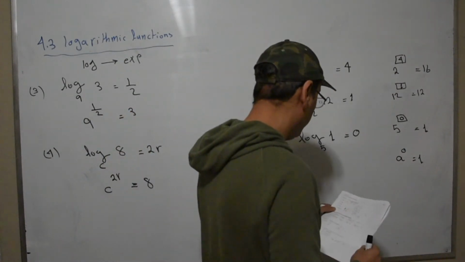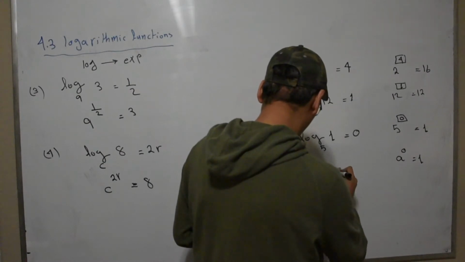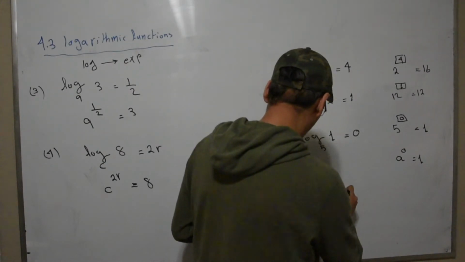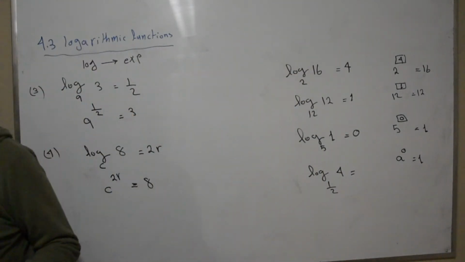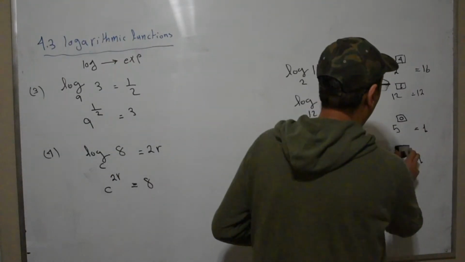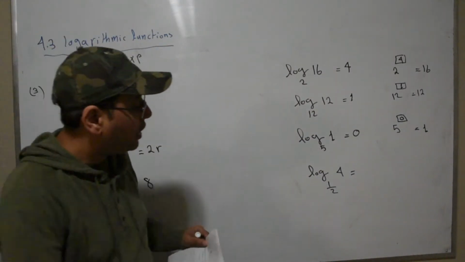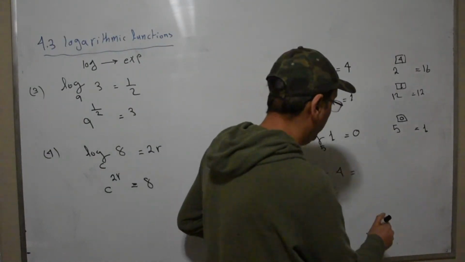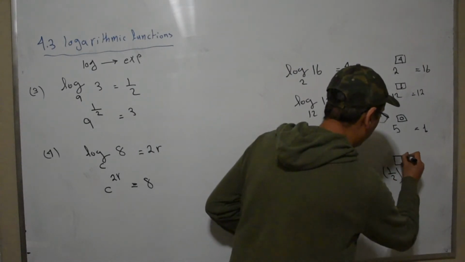Okay, let's get one more example, probably two more. Log base 1/2 of 4 equals what? I'm going to stop here for a second. I want to explain here. I'm looking for the exponent. So 1/2 to what power equals 4?